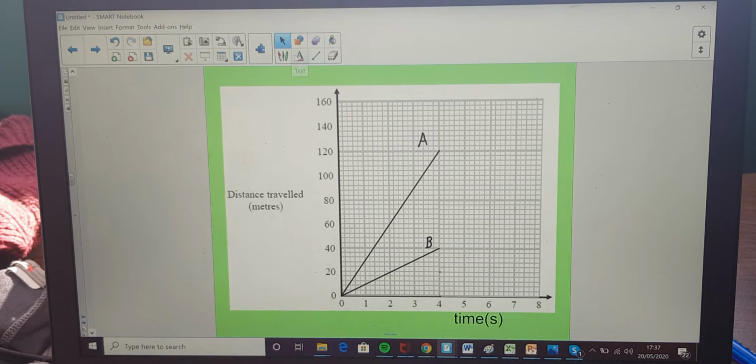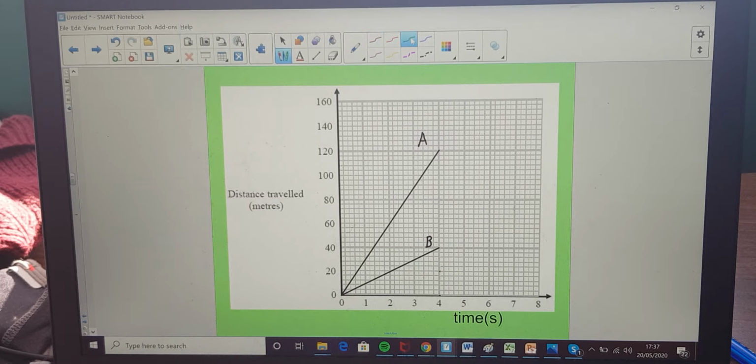So let's just look at this line. If I went all the way up this line, I know that I've gone up 120. And I've gone across 4. So I know that my gradient of A is 120 divided by 4.